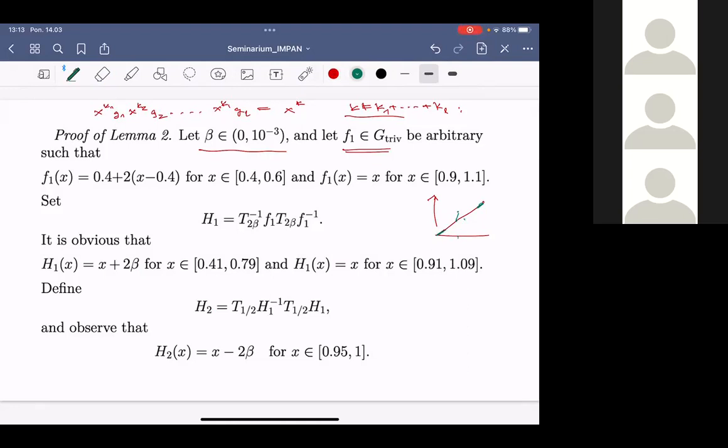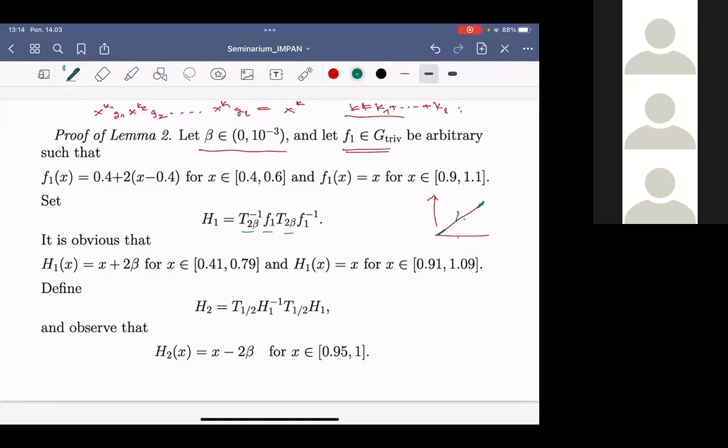And having this function, we take the following composition: the inverse of f, 2 beta, f1, and inverse of 2 beta. And now it is again obvious that if we take x from the interval 0.41, 0.79, then hx will be x plus 2 beta.